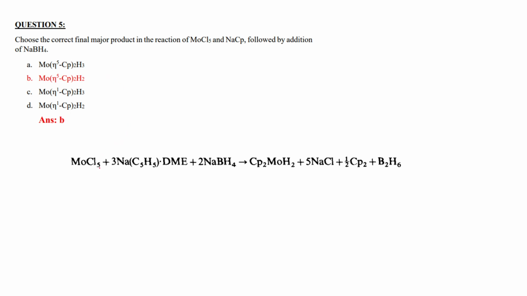Starting with molybdenum pentachloride, sorry, this particular unit is reacted with three equivalents of cyclopentadienyl units having sodium in them, stabilized by that. So you have this one, and they can react with your particular unit.